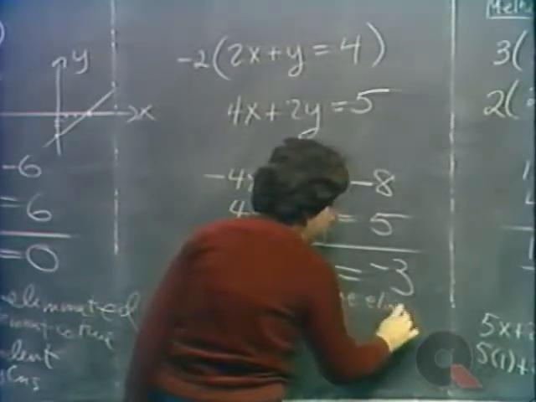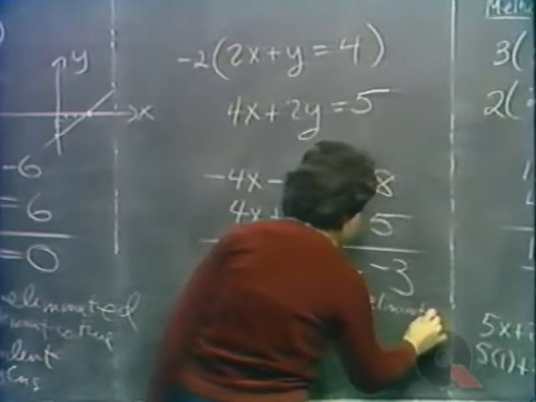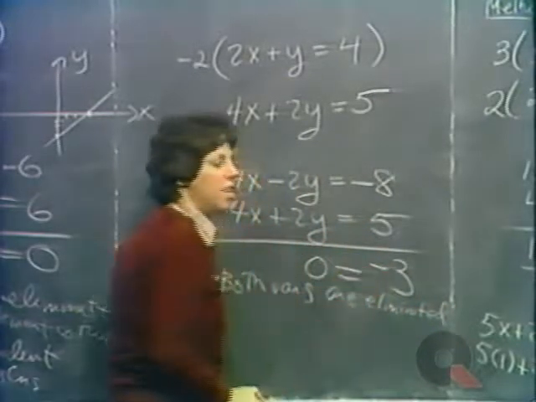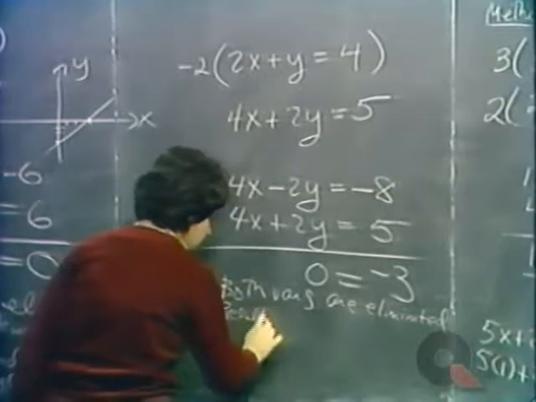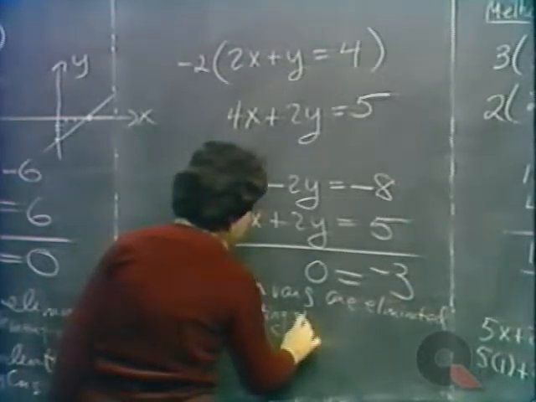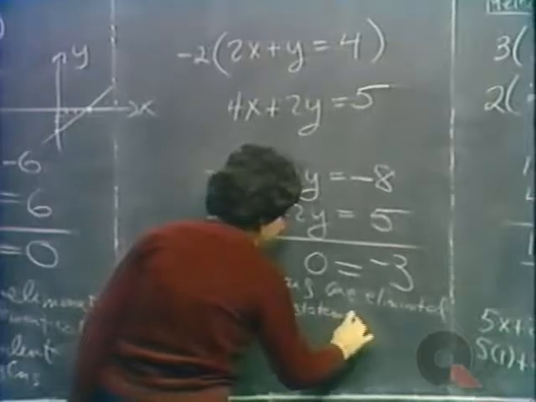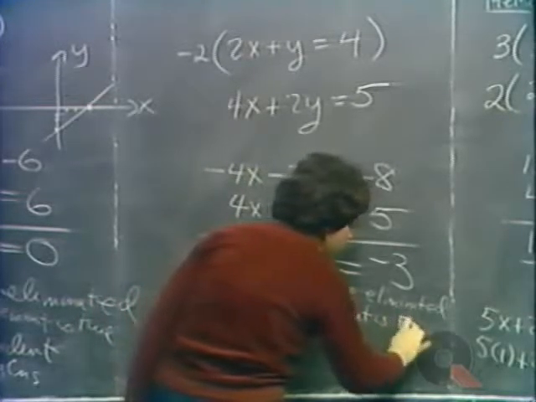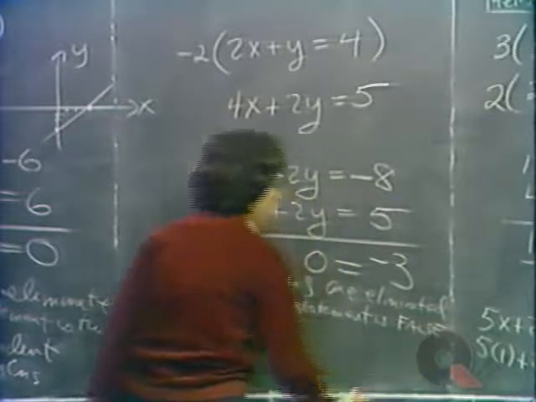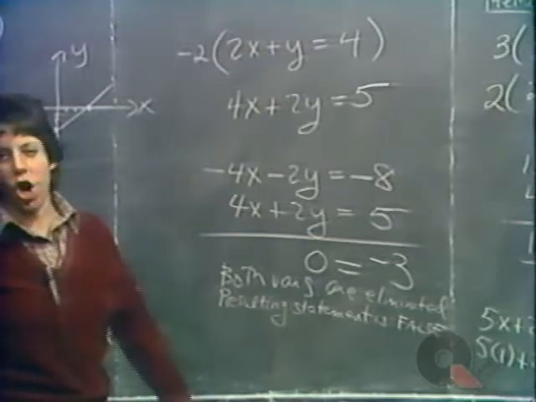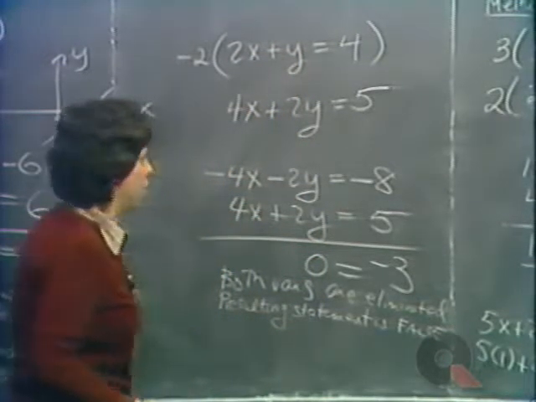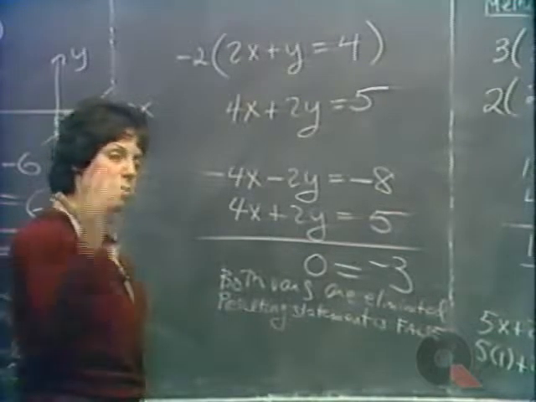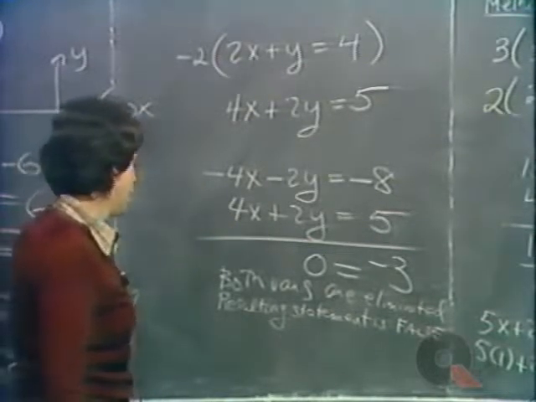But unlike the preceding problem, the resulting statement is false. This indicates that the equations are inconsistent. You cannot solve them together. There are no points that satisfy both equations at the same time.